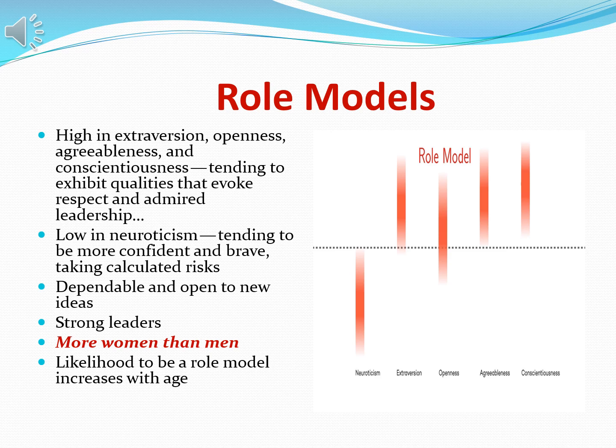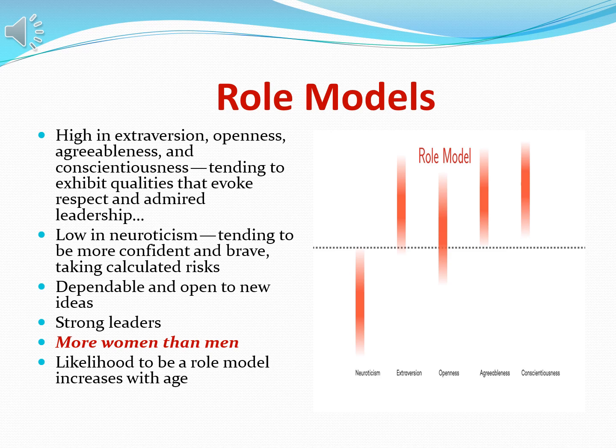The next type is the role model personality. They are high in extraversion, openness, agreeableness, and conscientiousness, and tend to exhibit qualities that evoke respect and admiration for leadership. Lower in neuroticism, tending to be more confident, brave, taking calculated risks.